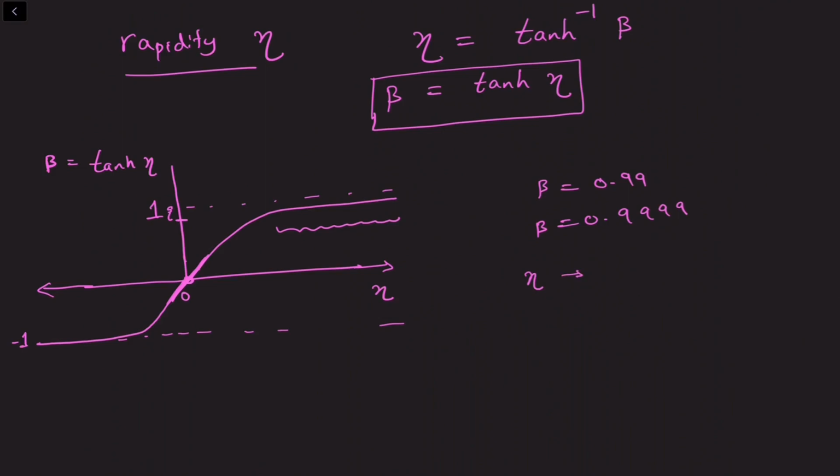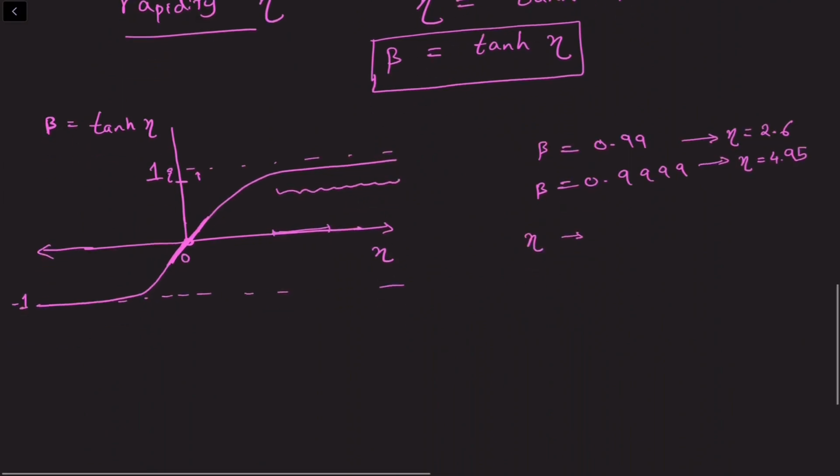So for example, beta of 0.99 would map to a value of eta of 2.6, and 0.9999 would map to a value of eta of 4.9 or 4.95. So depending on how close you're getting to the speed c, you're just talking about relatively smaller or relatively larger increases in eta, which capture how close you're getting to the speed of light.